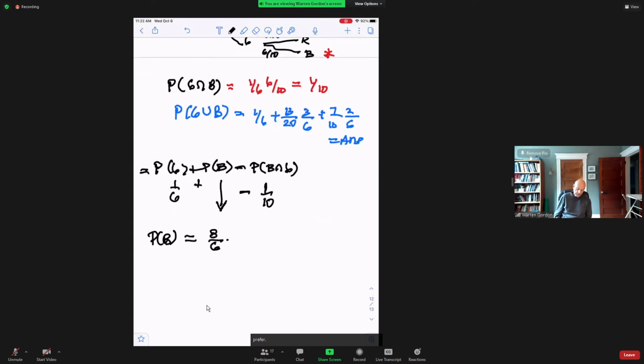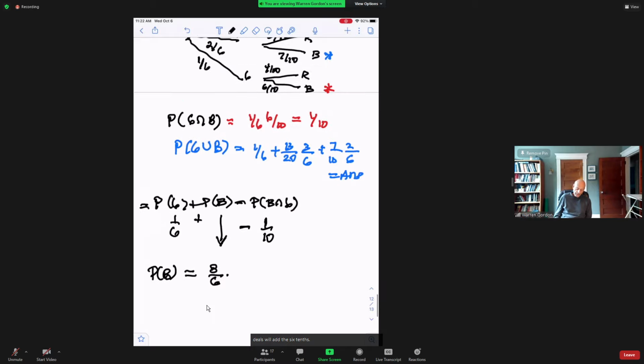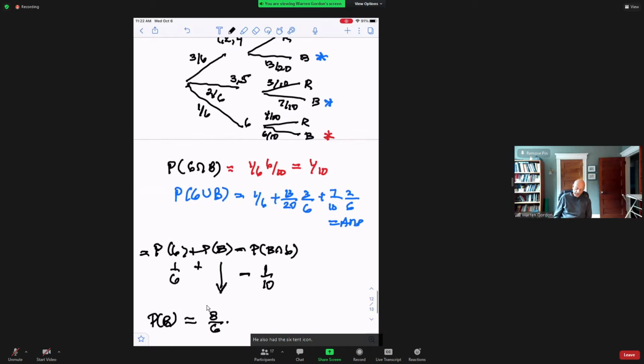Hey, Professor, do you also add the 6/10? I'm sorry? Do you also add the 6/10, like on the bottom? From here, you mean? Where the star is? Yeah, because you already took care of it by getting the 1/6. Once you got the 6, you've already won this game. You've drawn either a 6 or a blue.